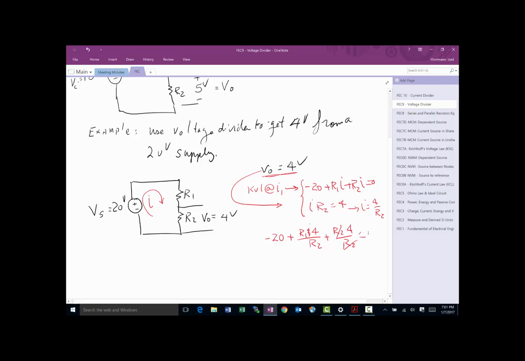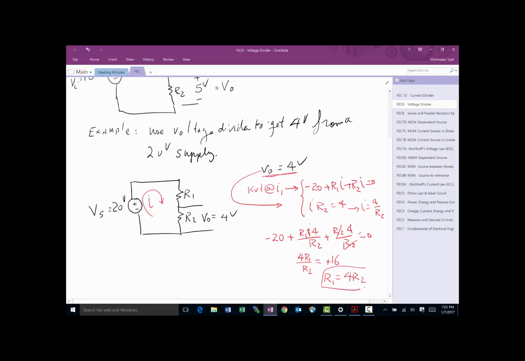This and this cancel. If I clean this up, 4 and 20 becomes minus 16, which goes to the other side and becomes positive 16. Then I have 4 R1 over R2 equals 16. If we cancel the 4, we'll find out that R1 has to be equal to 4 R2.